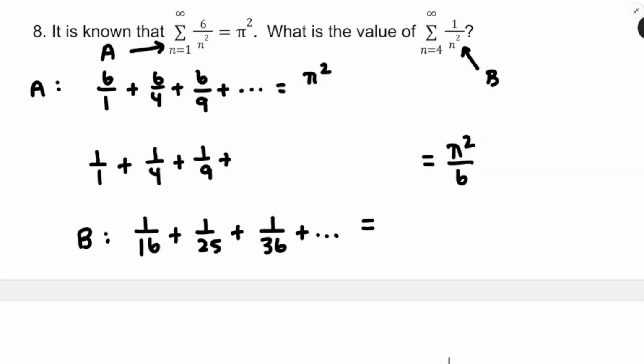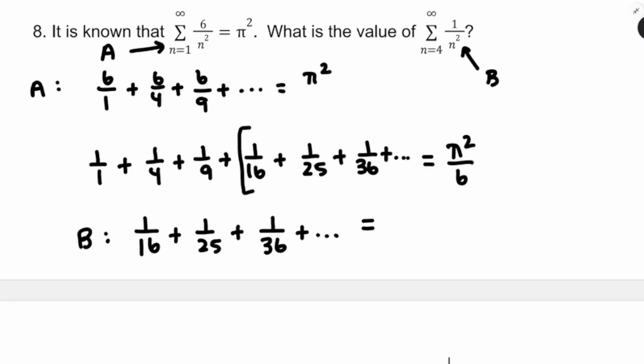Yeah, I think that'll be good. So I've got 9th, 16th, 25th, 36th, plus dot dot dot.